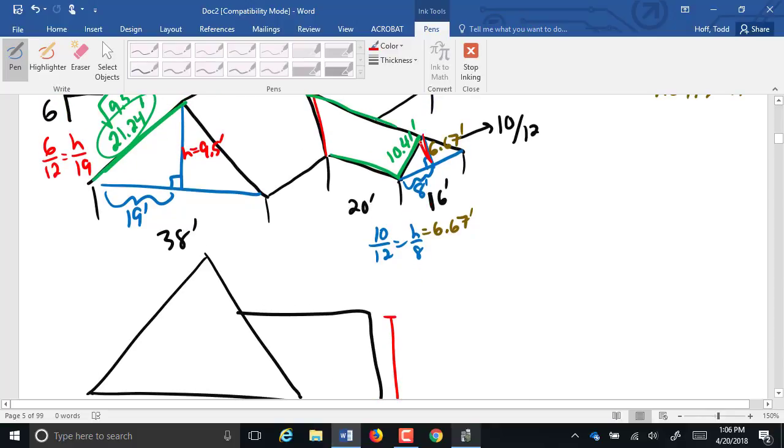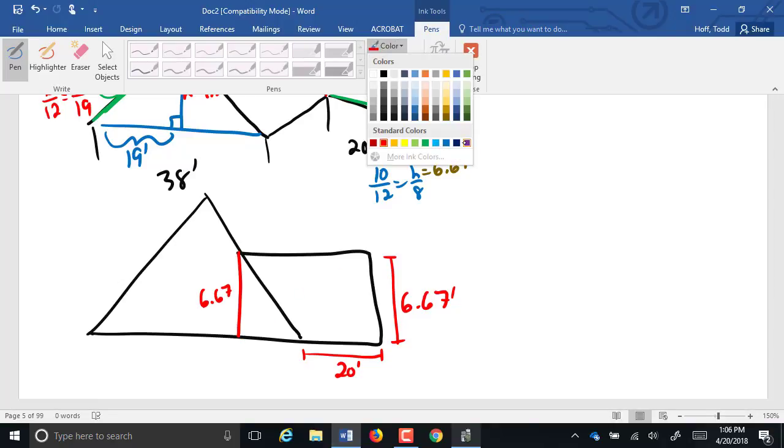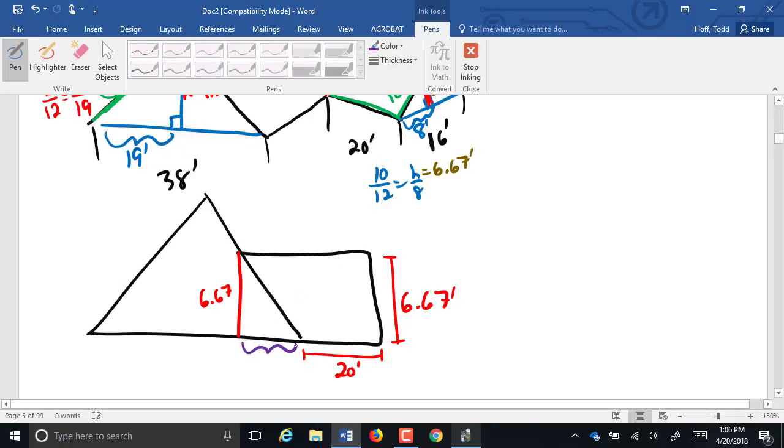This is this height right here we're looking at from the side. 6.67. Okay. What that means is this height right here is also 6.67. If I want to find this distance here, which would be this part, the same as this is the ridge, right?